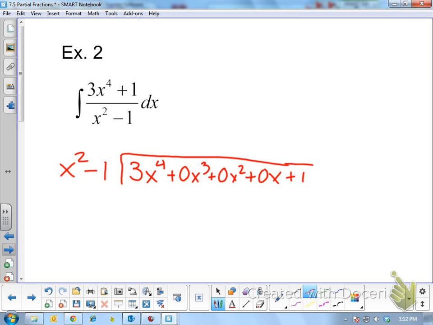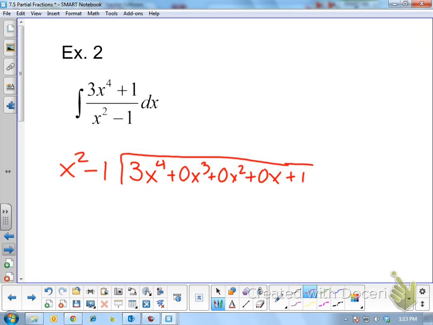And what are all the zeros from? We're just doing placeholders. We have to have every exponent involved, 4, 3, 2, 1, 0, in order to do this. Just like if you had 1003, you couldn't just divide into 13. You need those zeros as placeholders because it's the 10 spot and the 100 spot. Well, this is the cubed spot and the squared spot and the linear spot, so they all need to be there.